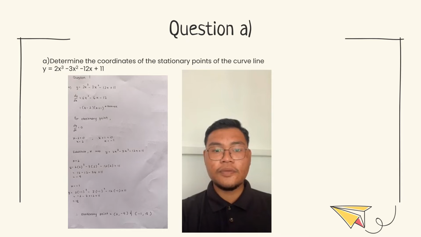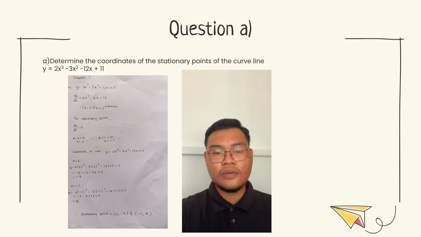For a stationary point, we need to put dy over dx equal to 0 and take the answer after we factorize it. x minus 2 equal to 0 and we get x equal to 2, and x plus 1 equal to 0 and we get x equal to negative 1.